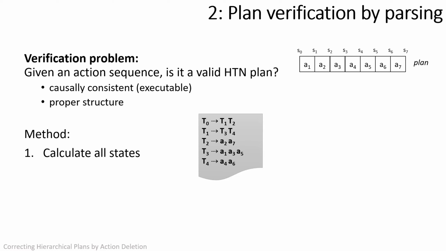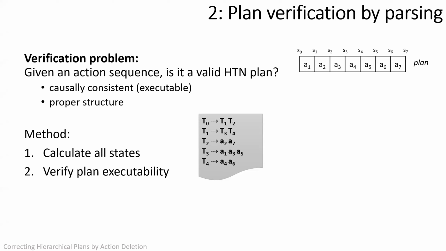So how do we do that? Well, the first thing we do is we calculate all the states. How can we do that? Well, we're given the initial state, which is what is true before we start our plan. And then we can apply the effects of each action in order to calculate the next state. So we add the positive effects of the action and remove the negative ones, and we get the next state.